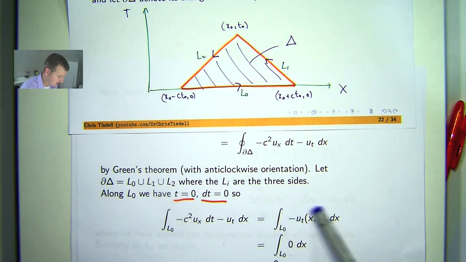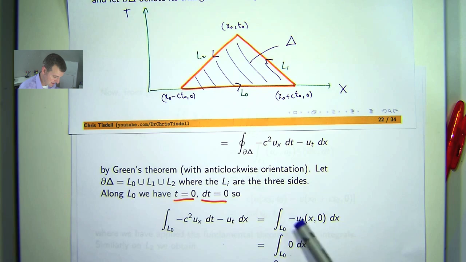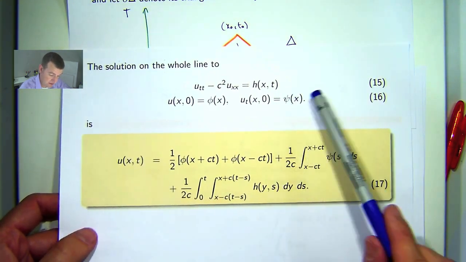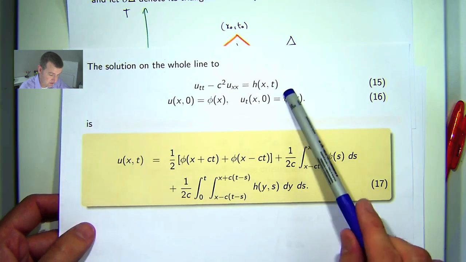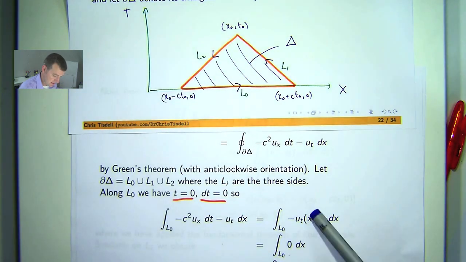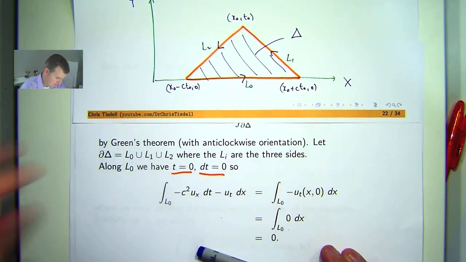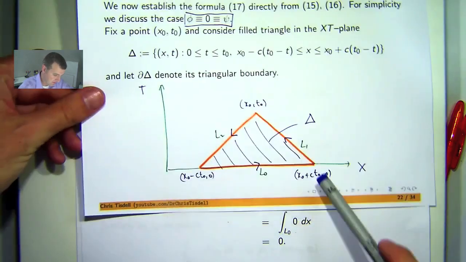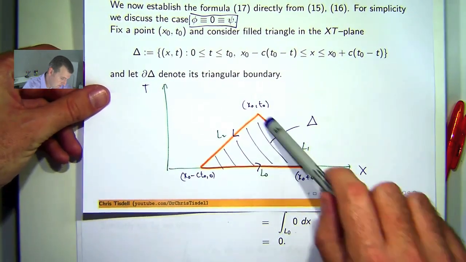Now, what is this? This is just the negative of that. And remember, for this proof, we're assuming that this is identically equal to 0. So this would be 0. So the line integral over this segment is just 0. So pretty simple.